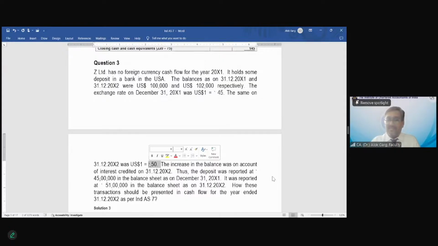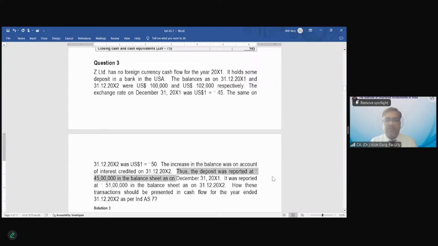Since your rupee becomes cheaper and dollar becomes costly, when you translate into INR you get a variance of 6 lakh rupees. But this 6 lakh rupees is not a cash movement. There is no cash flow. The cash movement is $2,000 only.